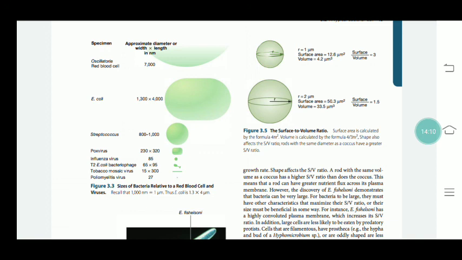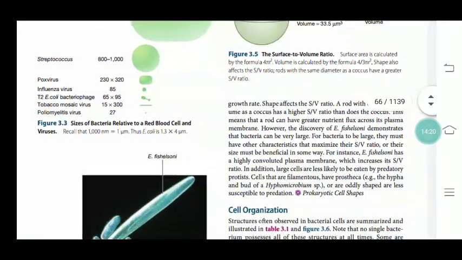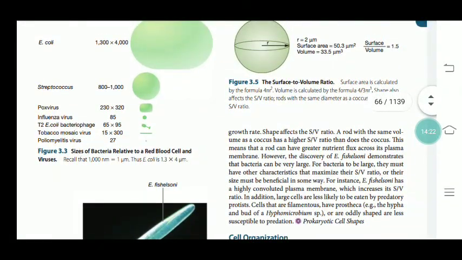So if we count the surface to volume ratio, the rod-shaped organisms have the larger surface to volume ratio, so it's easier for them to take in nutrients through the plasma membrane.